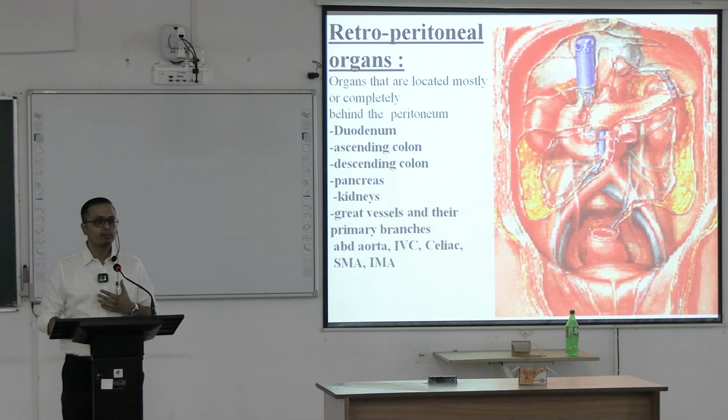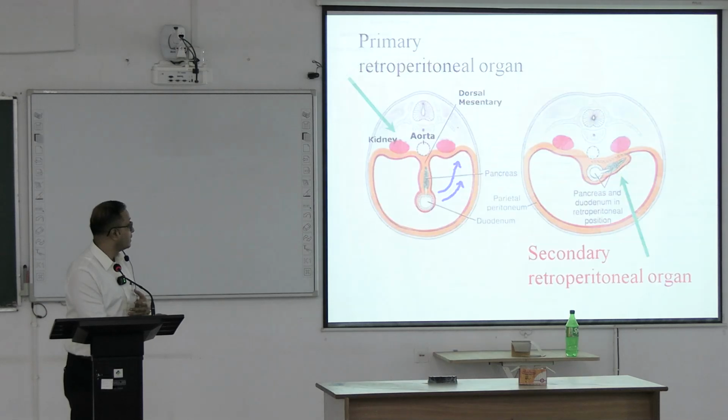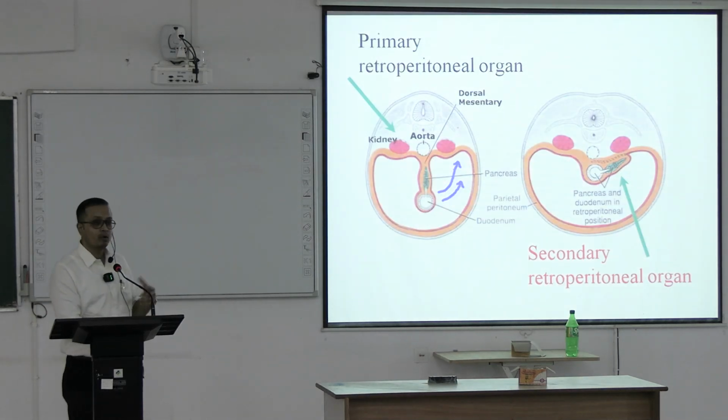This retroperitoneal may be primary or secondary. That means it was initially intraperitoneal, then later moved to the posterior abdominal wall, and that makes it secondary retroperitoneal. Just like the duodenum and the pancreas, which get pasted to the posterior abdominal wall, that is why they lose the peritoneum, and we call them secondary retroperitoneal organs.